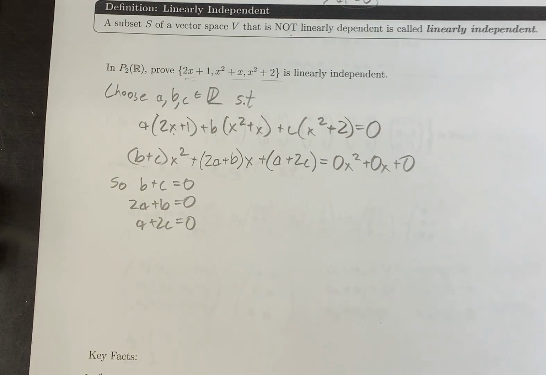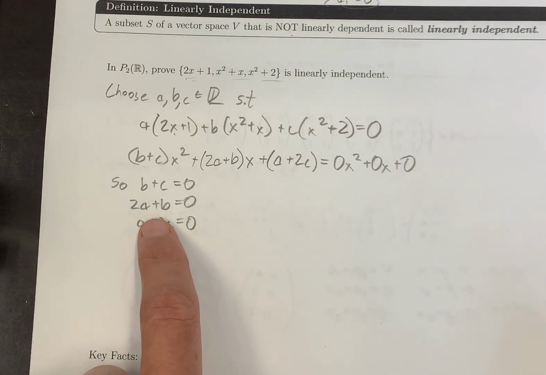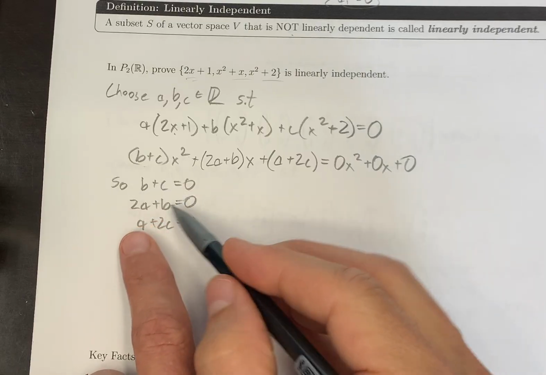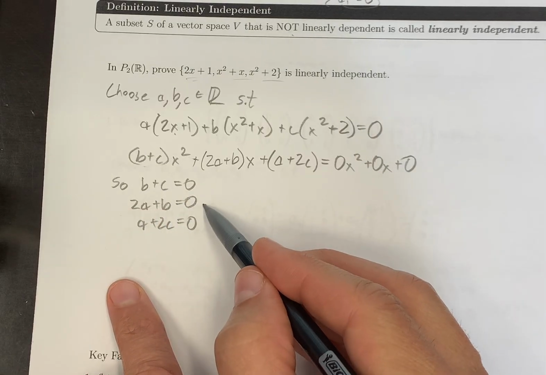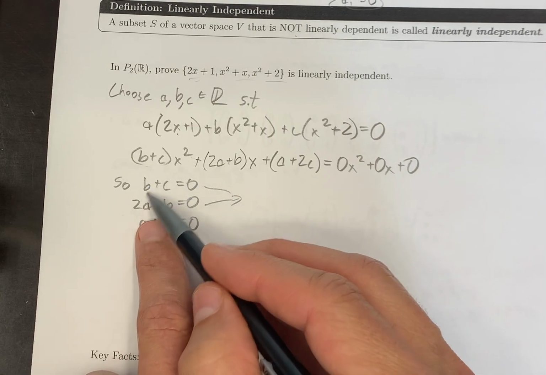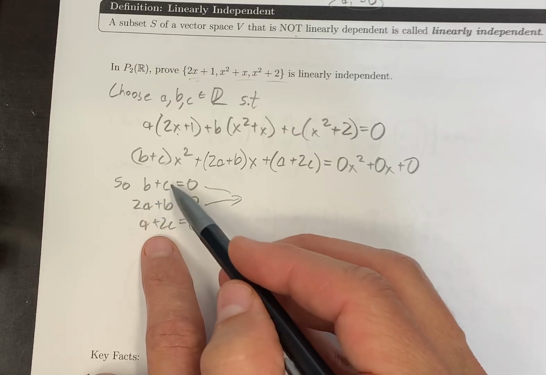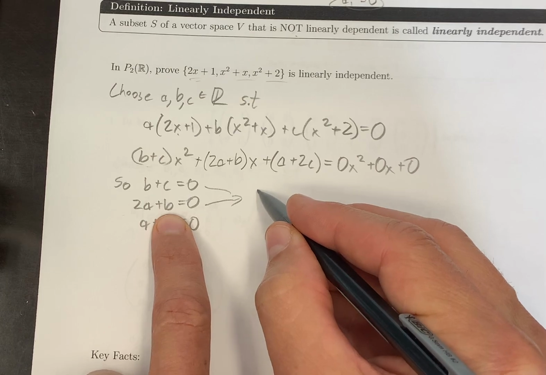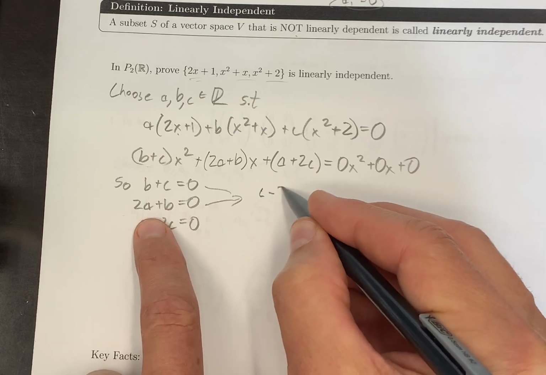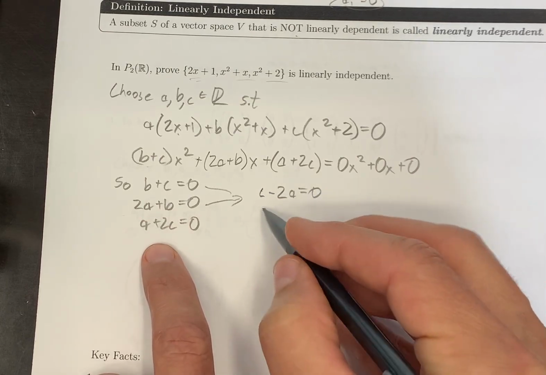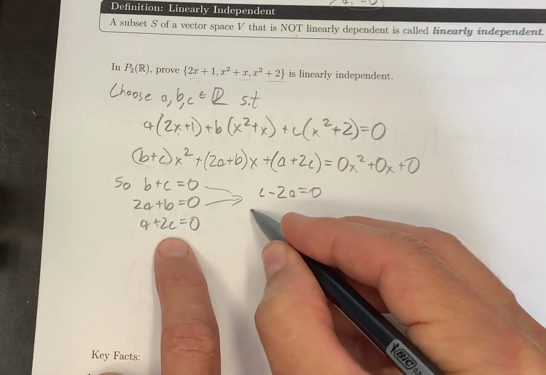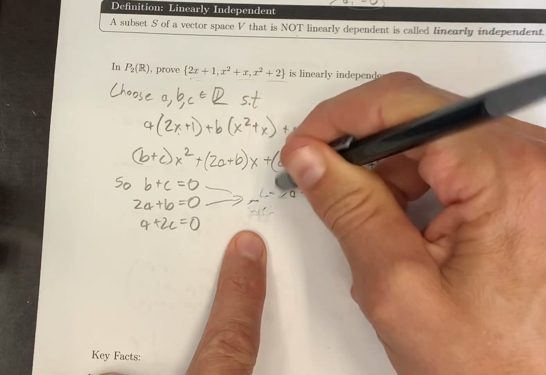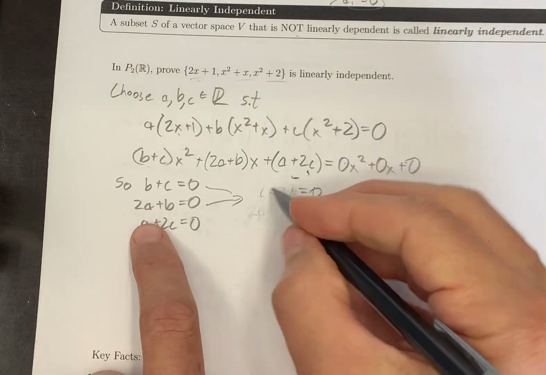So we're looking for the easiest variable to eliminate. It looks like we might be able to eliminate b from the first two if we just subtract. If you subtract the second equation from the first equation, we get c minus 2a equals 0. Actually I should put it in the other order so I have it in alphabetical order.